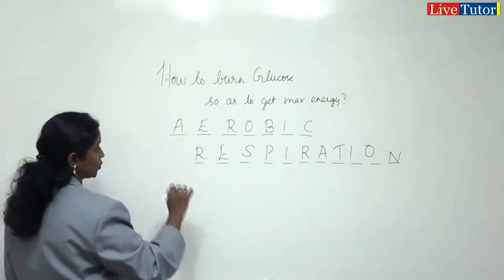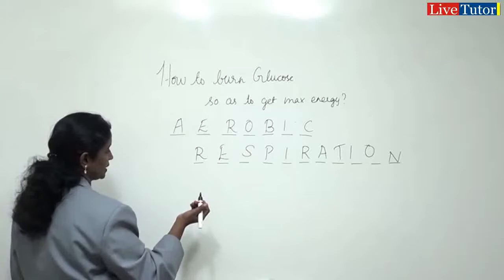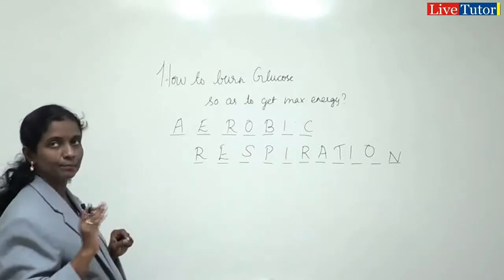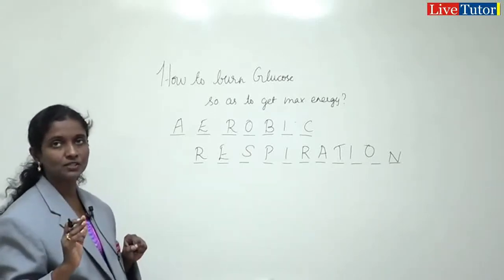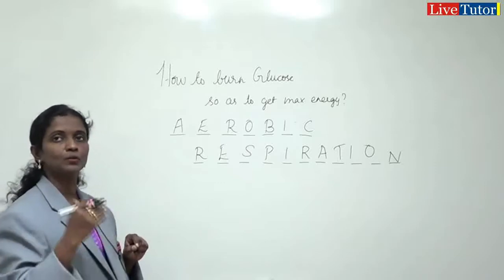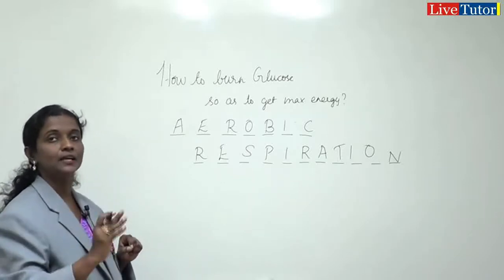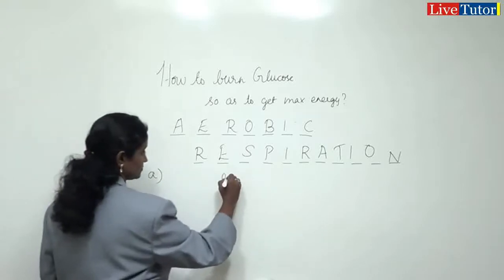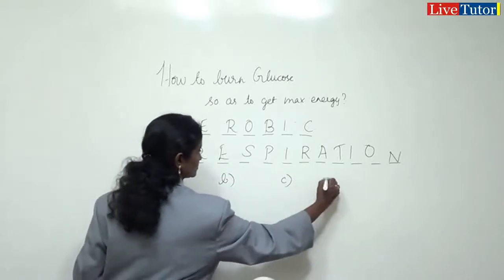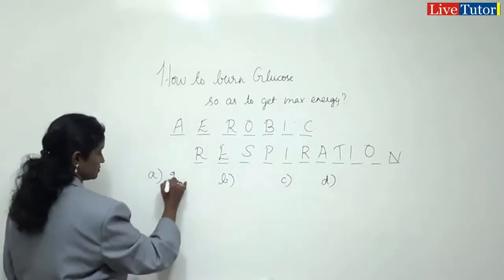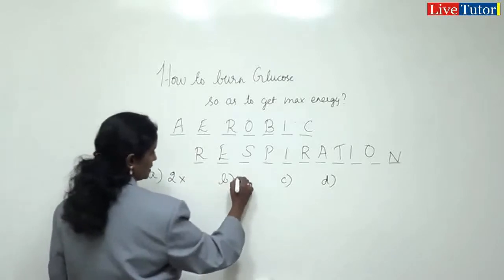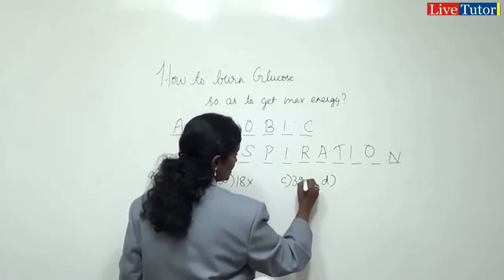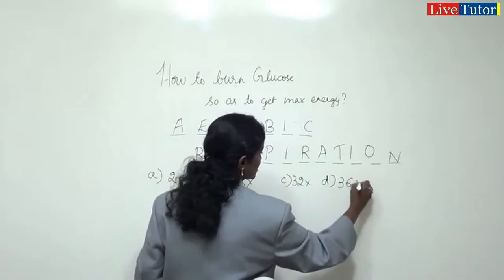When anaerobic respiration is compared with aerobic respiration, the efficiency is: 2 times efficient, 18 times efficient, 32 times efficient, 36 times efficient.